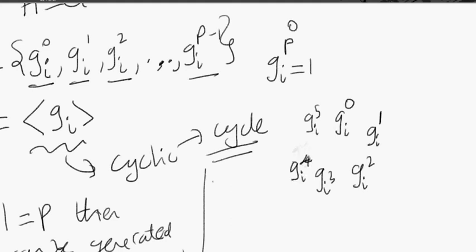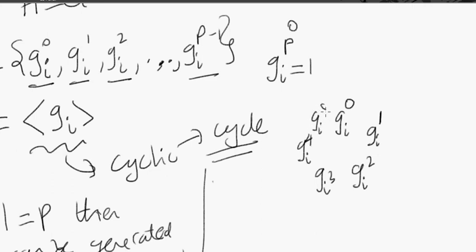Let's erase some stuff. Let's call this g_i to the 5. We're probably making this more complex than it should be. We'll call this g_i to the 4, and then we'll call this g_i to the 5.